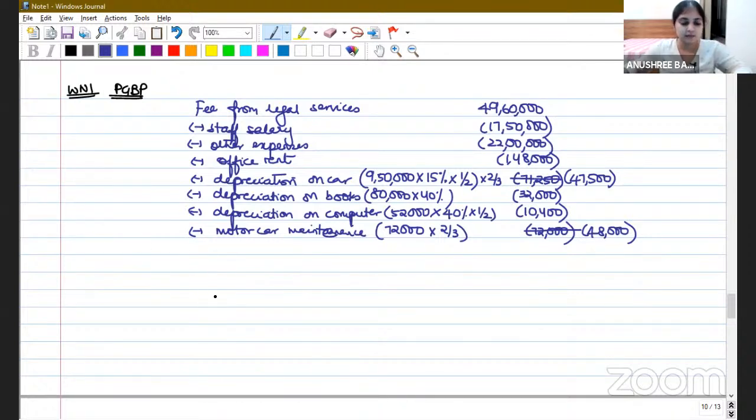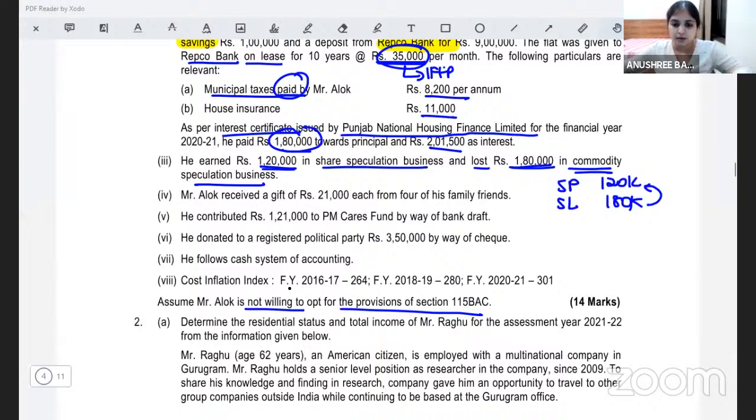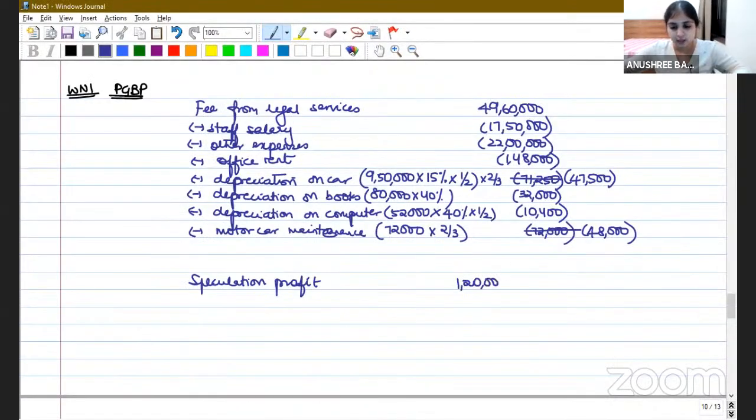Now in your PGBP calculation, leave some 1 or 2 lines gap, and then show this calculation. Write down speculation profit 1,20,000. From this, subtract speculation loss. Make sure in brackets you write down restricted, because you need to tell the examiner that actual speculation loss is more.